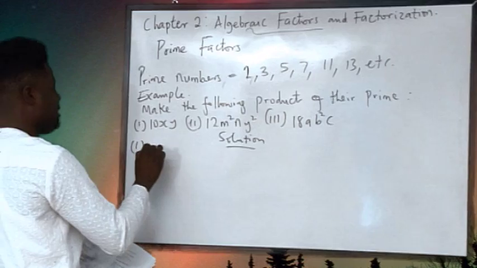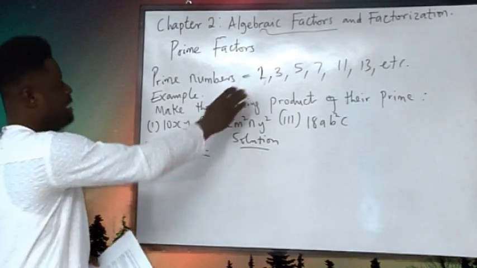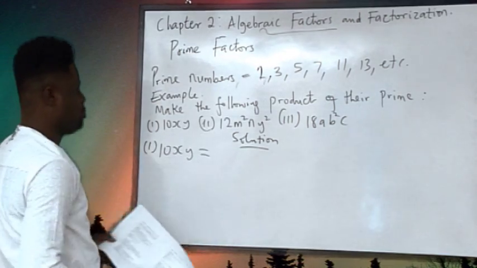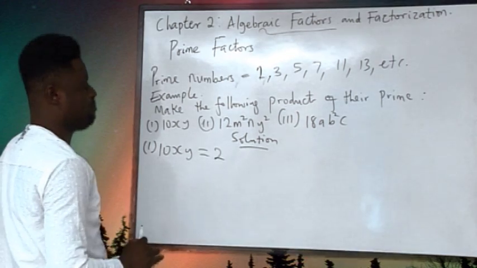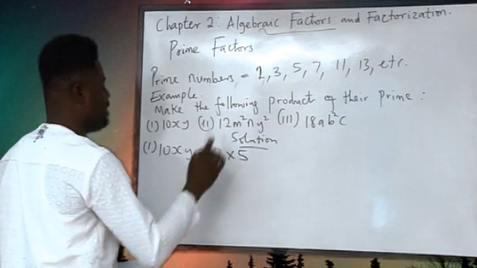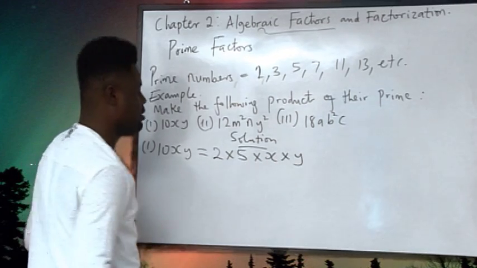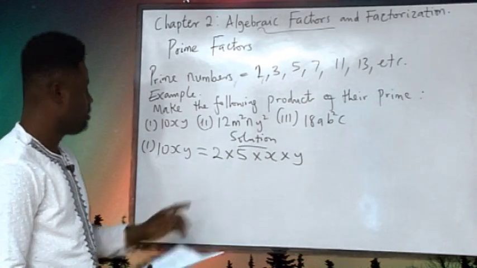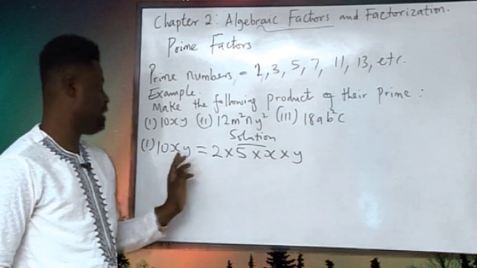Number 1, 10xy. The first prime number that can divide this is 2. 2 can divide 10, and that will give us 5. Then 5 can divide 5. Then you have x, you have y. 2 times 5 is 10, then x times y is xy.